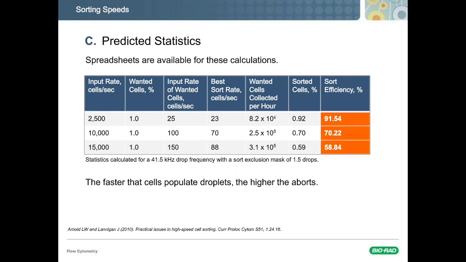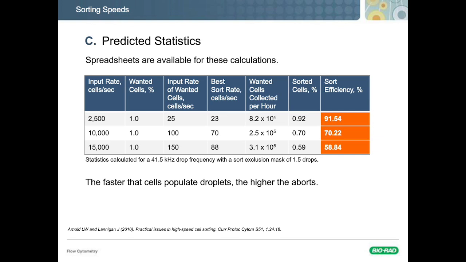It's using 1% of target cells out of the input sample and saying, at these different rates, what do we see? And this is where the answer gets tricky. If you want to go as fast as you can, you see the best sort rate in cells per second, and that middle column continues to increase as you go from 2,500 to 15,000 cells per second. However, your sort efficiency is going down.